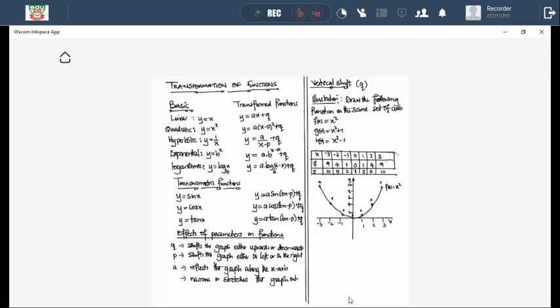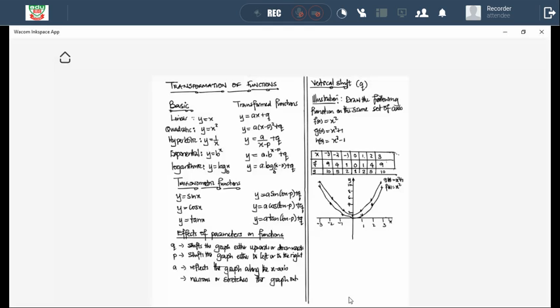Good. If I draw this, you'll see that this is now the graph of g of x. So your g of x is equal to x squared plus 1.